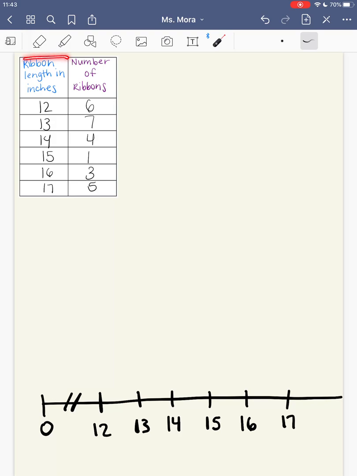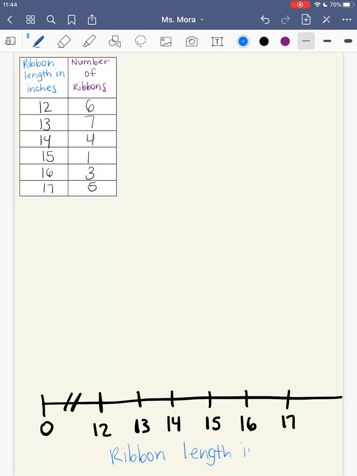And remember, I got those numbers here on the side that's ribbon length in inches. So I'm going to label my line plot down here that this represents the ribbon length in inches. Okay, then I'm going to actually graph the number of ribbons.